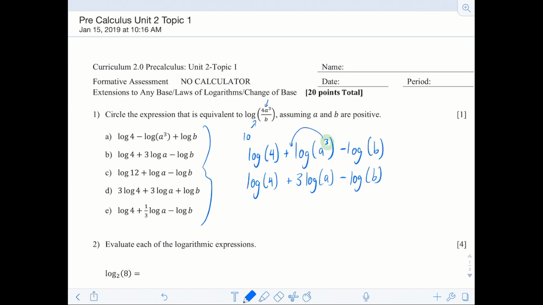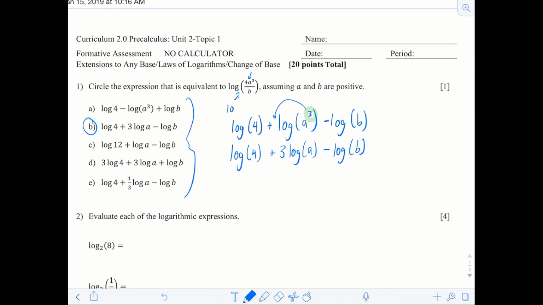Looking at some of the answers, that would be letter B. Now, one of the misconceptions when dealing with these types of problems is if you were to have something that looks like log of A over BC. A lot of people will end up doing this: they'll say log of A, and then they'll see that there's multiplication between the B and the C, so they'll say minus log of B, and then plus log of C. Well, this is technically wrong.